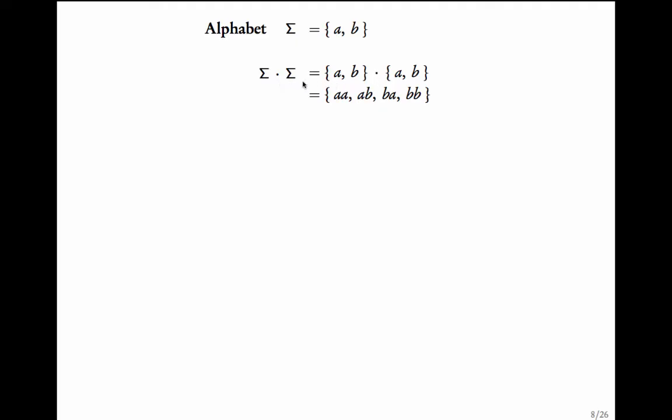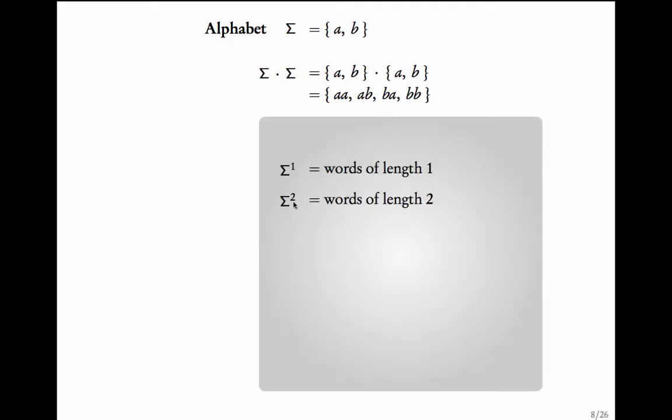When you do sigma dot sigma, you will get this. Sigma dot sigma is essentially giving us words of length 2. We write sigma dot sigma as sigma power 2. So sigma power 1 is just sigma and it's just words of length 1.